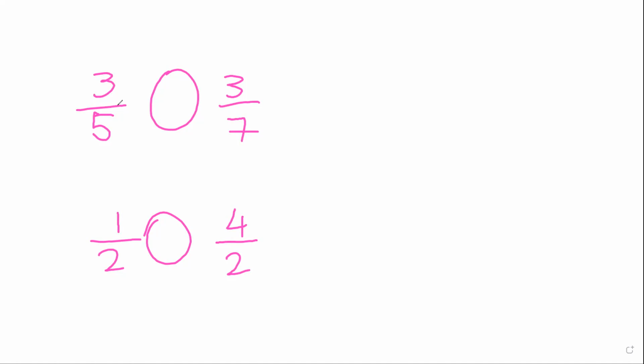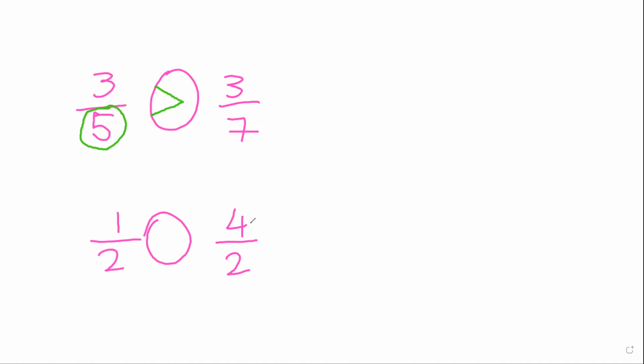What is the least denominator here? 5 is the least denominator, so 3 over 5 is greater than 3 over 7. I told you the least denominator is the greatest fraction.